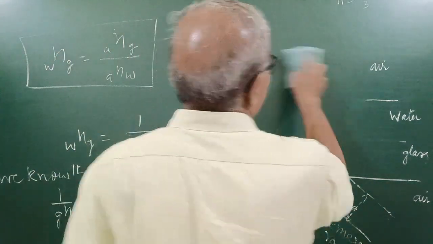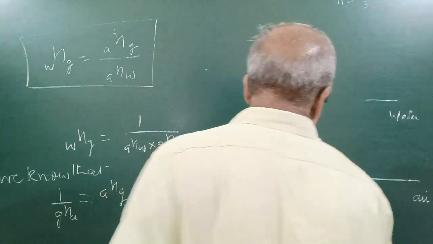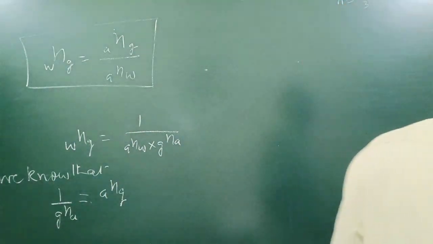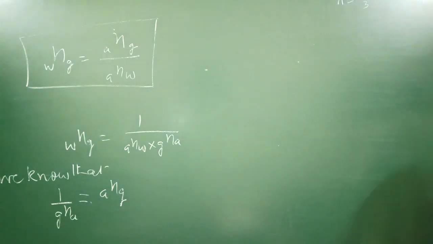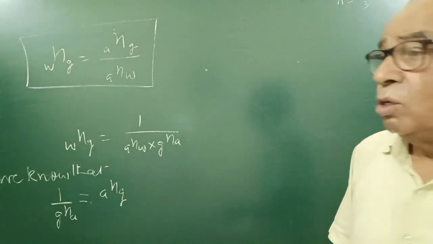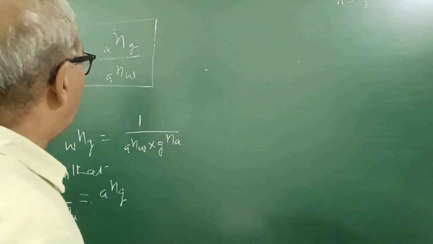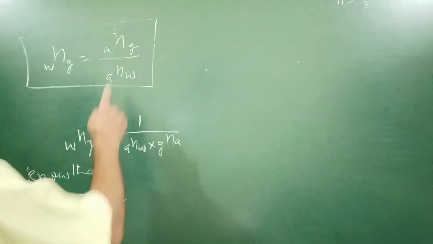Generally, every material is placed in air, but sometimes a liquid or a transparent material like glass can be placed in water. So then we have the index of glass with respect to water.